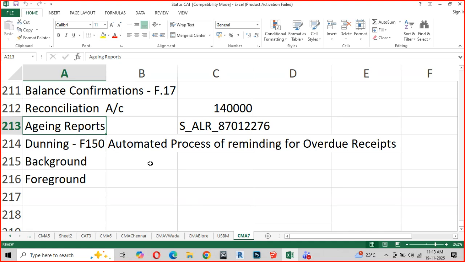In AP, we saw the special GL transactions, that is the advances which we made. The reverse process is advances received. Here again, we have a general ledger account of the nature of a reconciliation account. If you remember, we had another alternate reconciliation account, 158000, for the special general ledger or advances transactions.